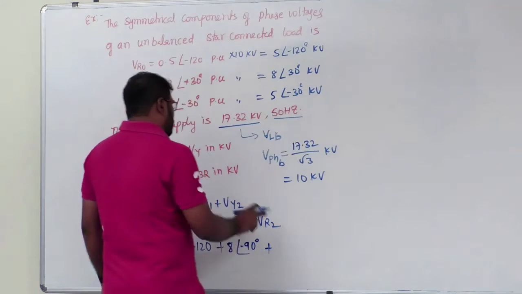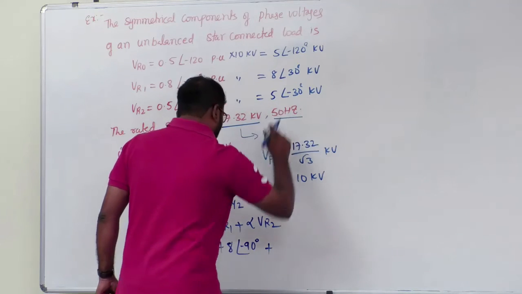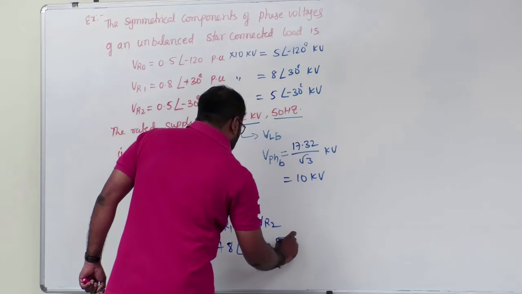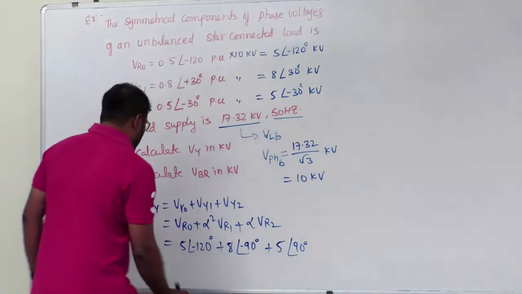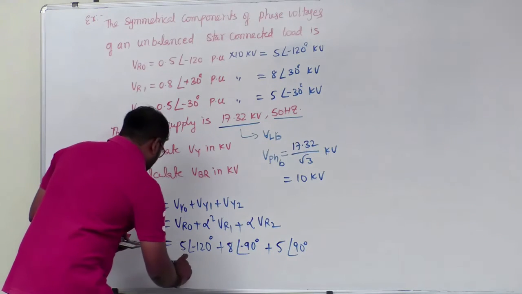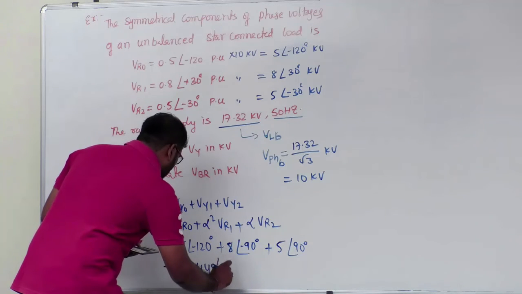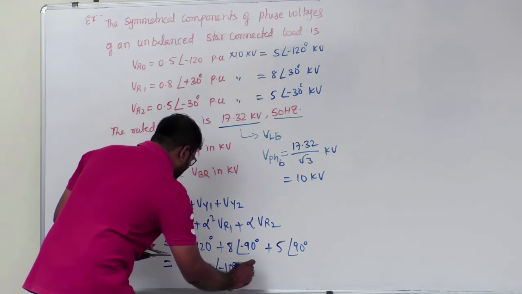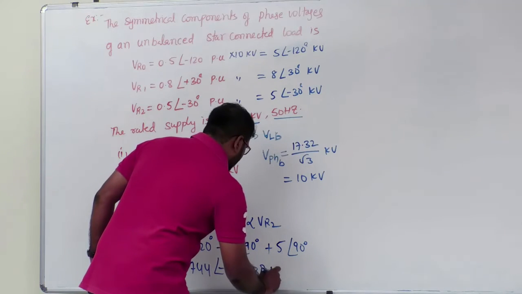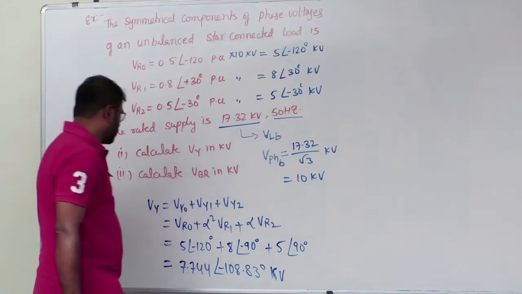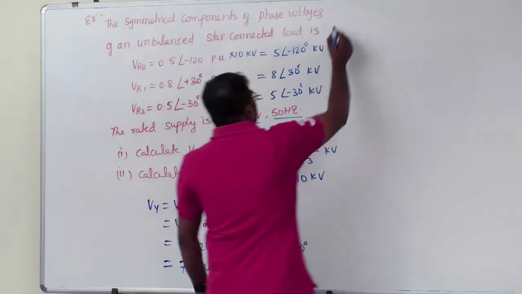Alpha is 1 at an angle plus 120, 120 minus 30, which will be plus 90. If I solve this, we get 7.744 at an angle minus 108.83 degrees. But careful, this is in kV. That's about Vy.